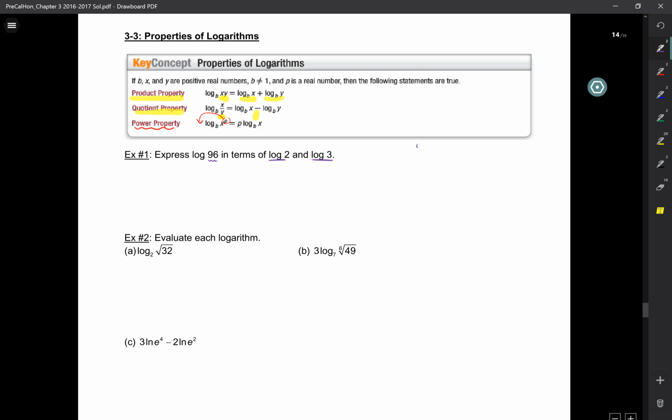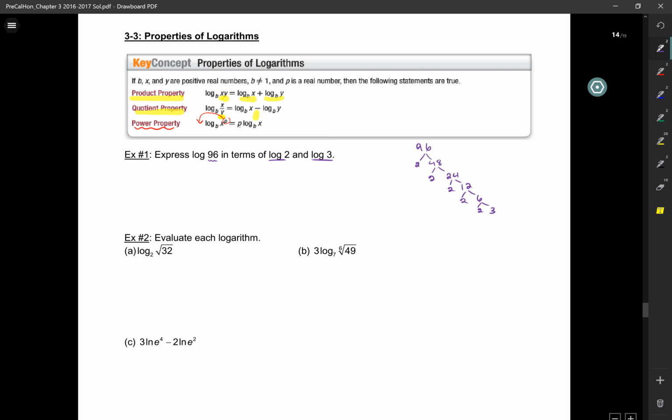When you take 96 and do the factor tree, 96 is made of 2 and 48. This is made of 2 and 24. This is made of 2 and 12. 2 and 6. 2 and 3.